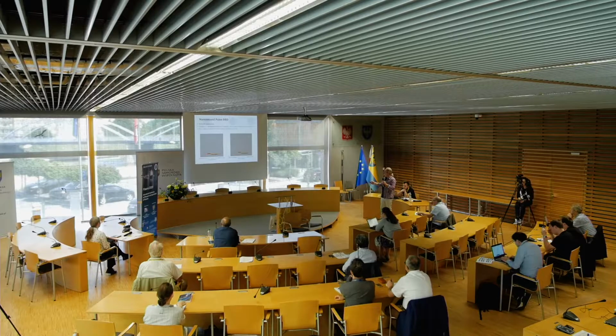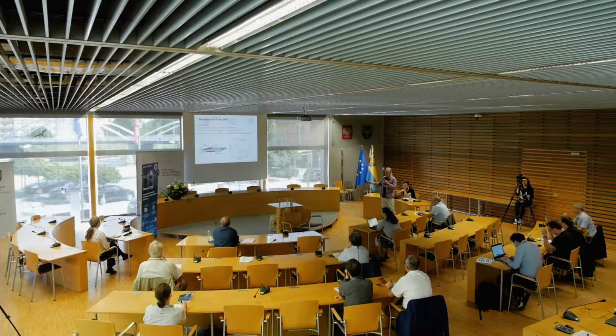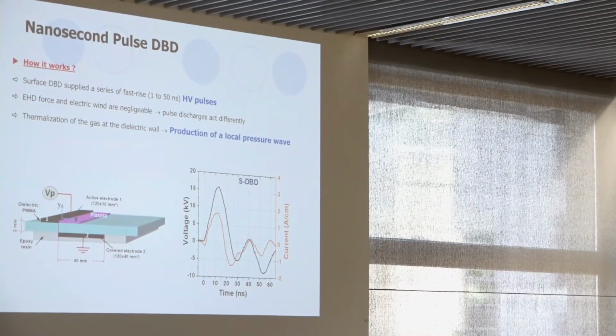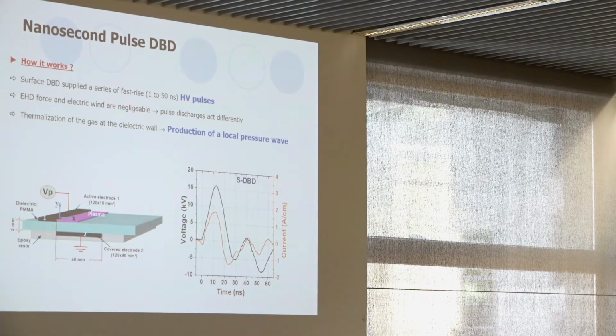What happens if, instead of using a sine high voltage, we use a pulse high voltage with the same geometry? In this case, the EHD force and the wind are negligible because the pulse discharges behave differently. In fact, if you use a pulse a few nanoseconds in width, as is the case here, when you apply the pulse voltage there is a thermalization of the gas at the wall, and that produces a pressure wave.